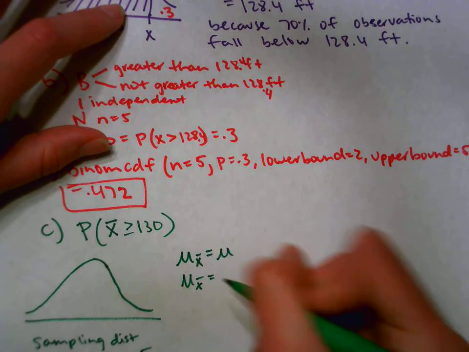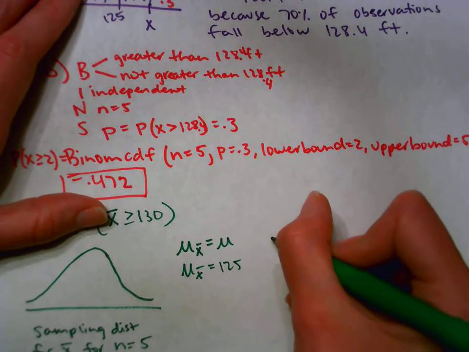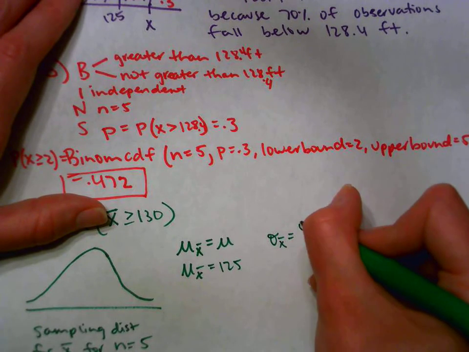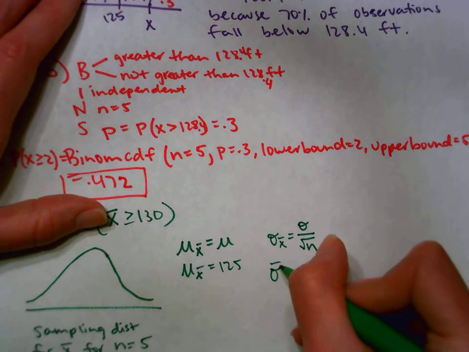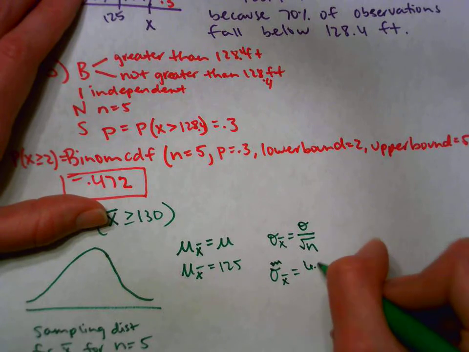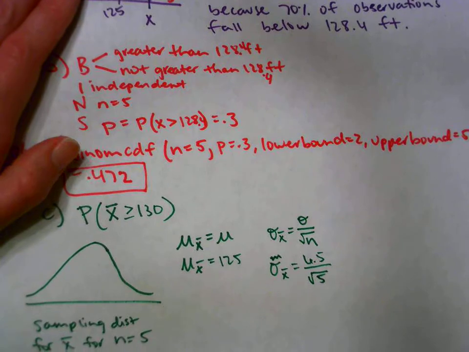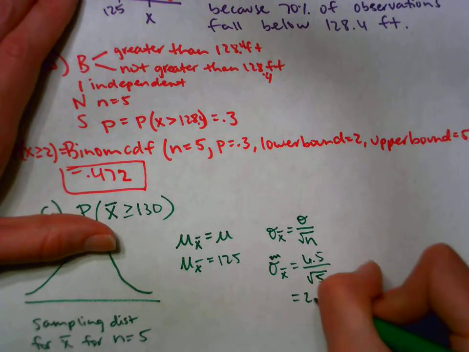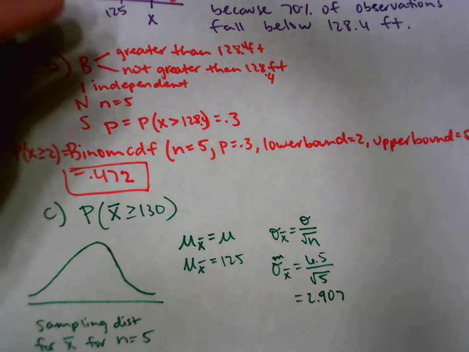So the true mean for your population was 125, and the standard deviation of our sampling distribution will equal the true standard deviation divided by square root of n. In this case, that would be 6.5 divided by the square root of 5. If you type that in your calculator, that is 2.907.